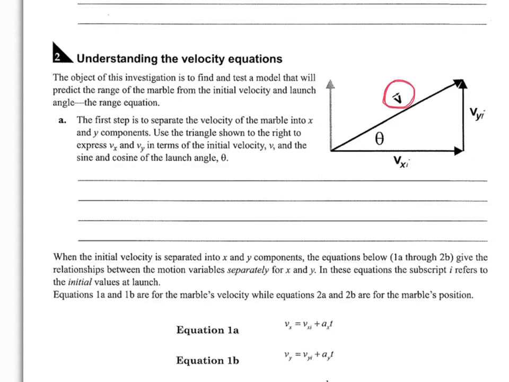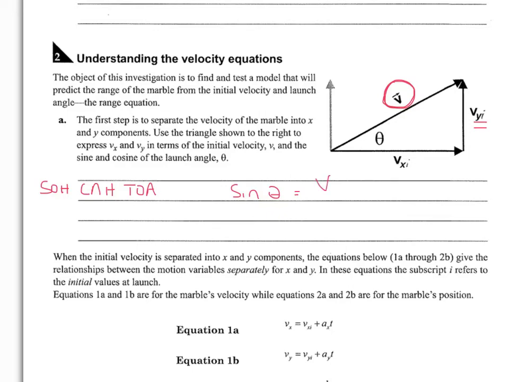If you remember your relationships, you've got SOH CAH TOA for your trig relationships, and we can use those to write some expressions for this triangle. So we can say that sine theta is equal to the opposite, the initial vertical velocity, divided by the hypotenuse, which is V arrow.